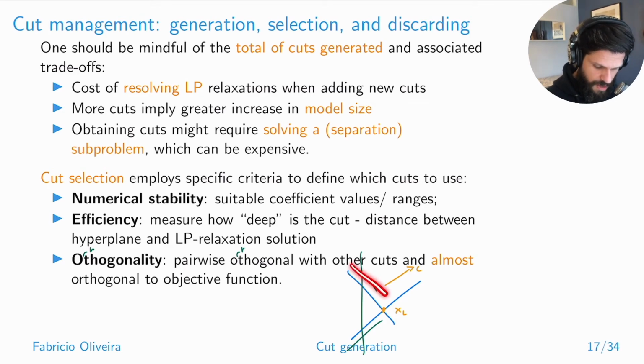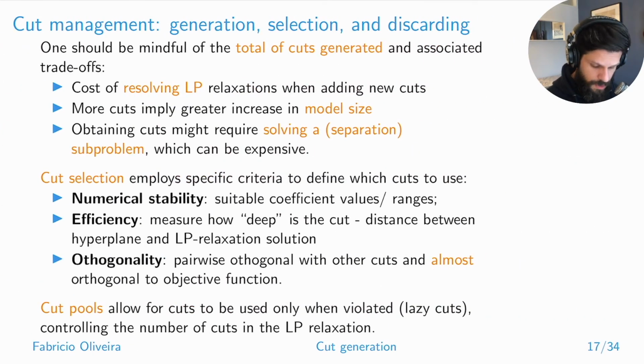If you're cutting things in that direction, it's not really helpful because you're moving this way. Even though you're discarding some part of this feasible region, it's not as effective as having something that cuts like that. So this notion of orthogonality with other cuts that are already there and with the objective function can also be used to give a score to the cut. Of course, these are criteria that have to be taken into account in combination.